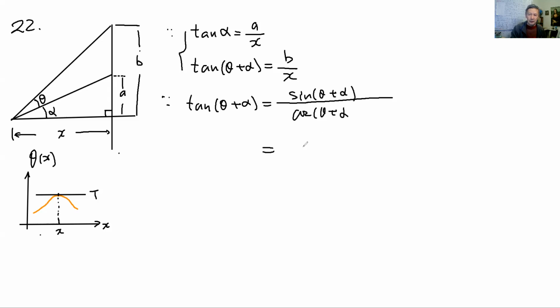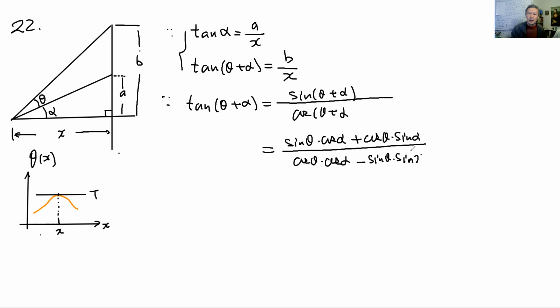Can you recall? That is sine theta cosine alpha plus cosine theta sine alpha, divided by cosine theta cosine alpha minus sine theta sine alpha.